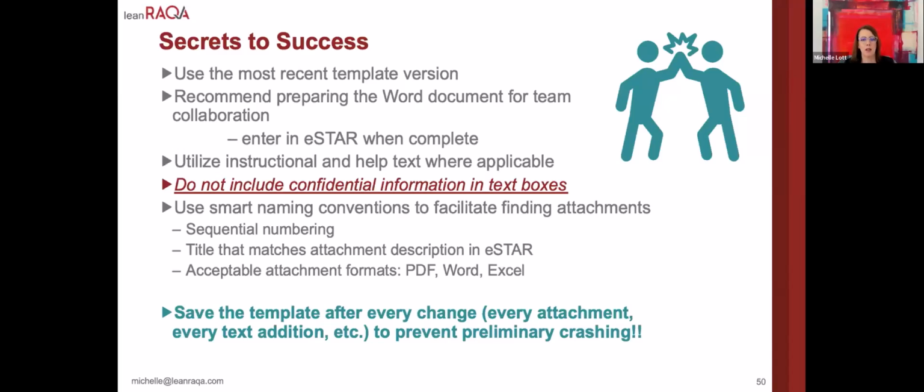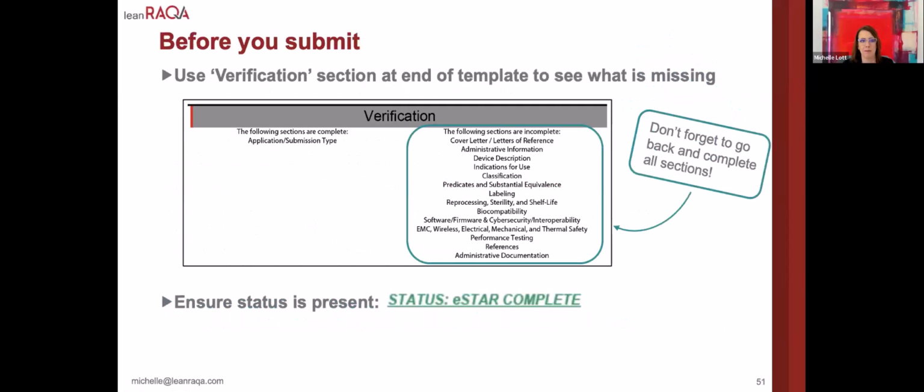Do not include confidential information in those text boxes. Use a smart naming convention for your file attachments. And save the template after every single change, every attachment, every text addition, everything, to prevent preliminary crashing, or if it does, you've lost a minimal amount of work.